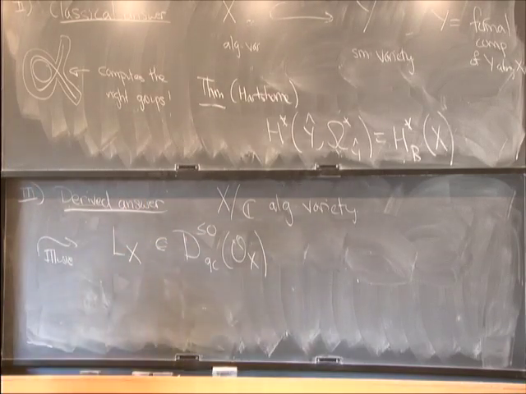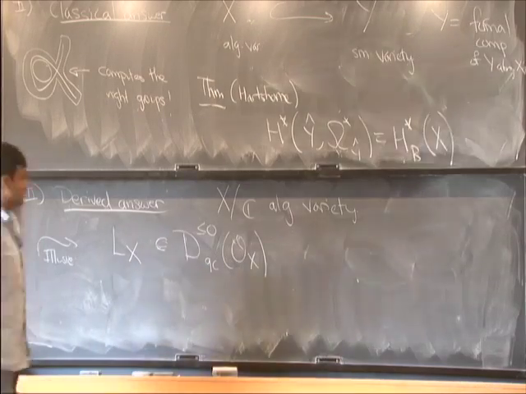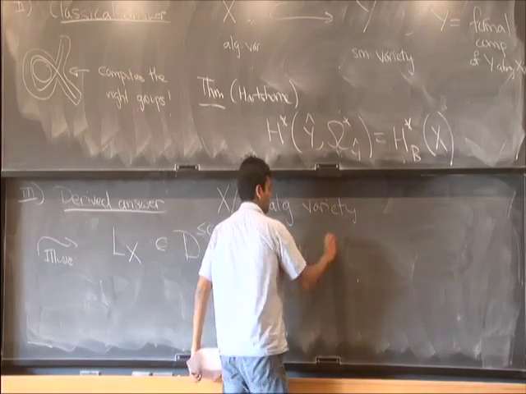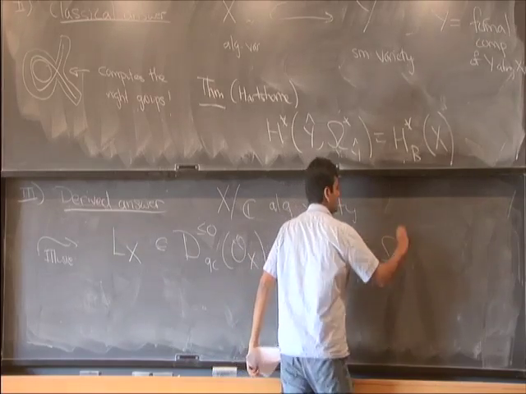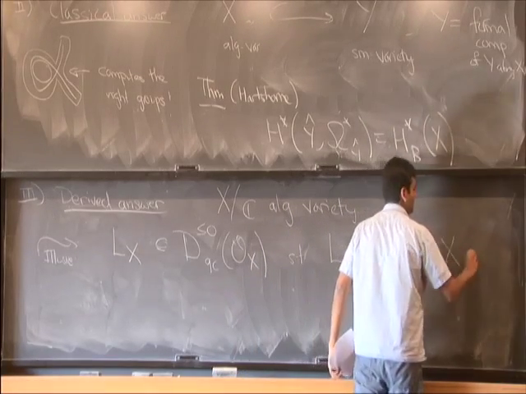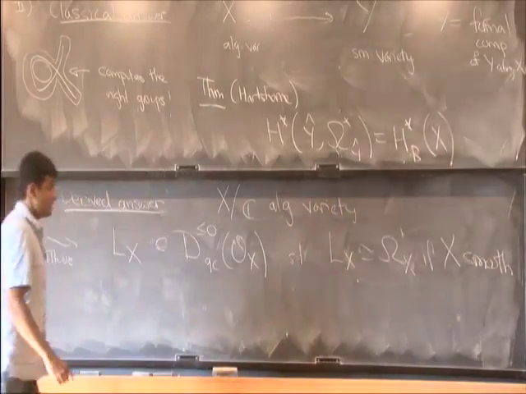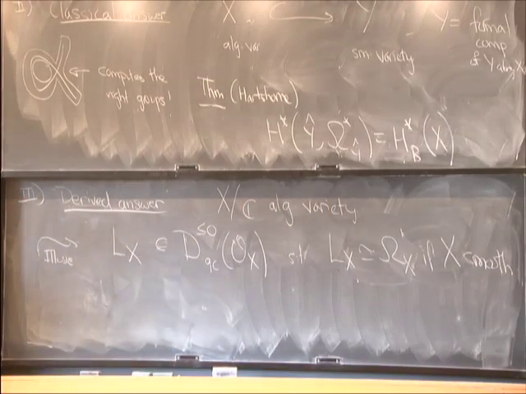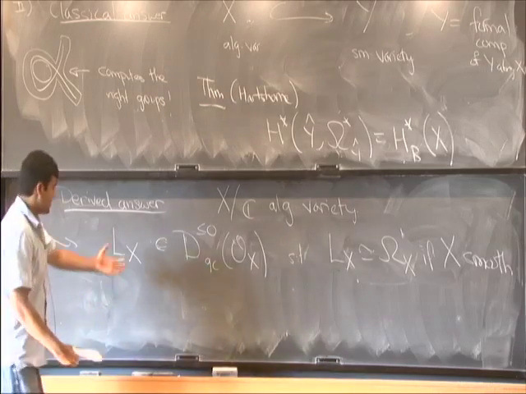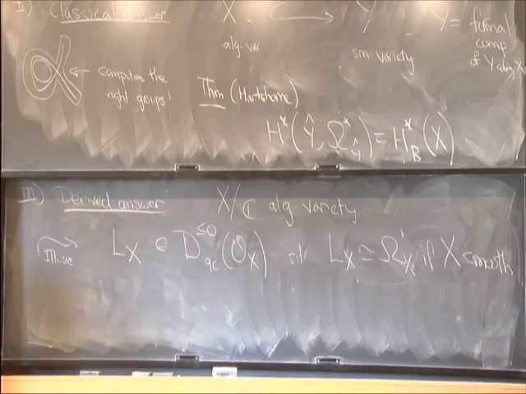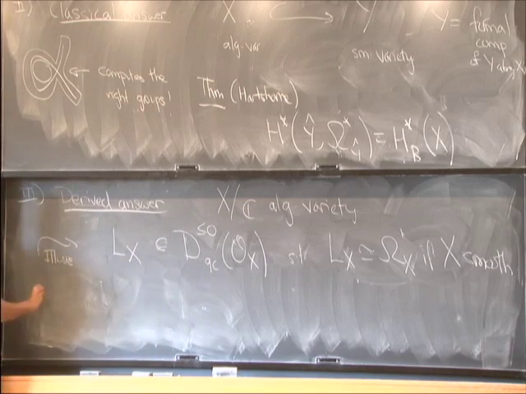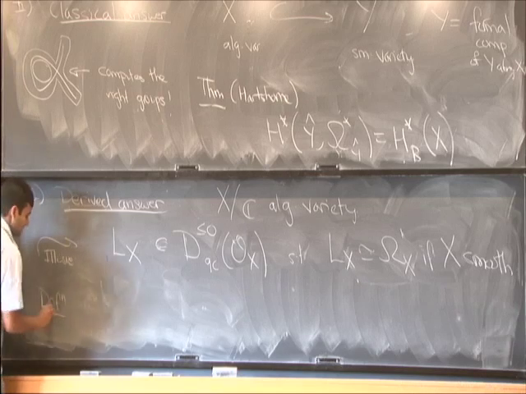And it has the property that if X is smooth, then it computes the right thing. So if X is smooth, this gives you the right answer. And if X is singular, it has non-trivial higher cohomology, and this cohomology has some information about the singularities of X. And using this object, one can define a new complex, which is the derived de Rham complex.